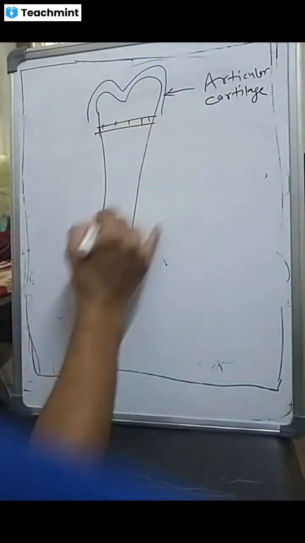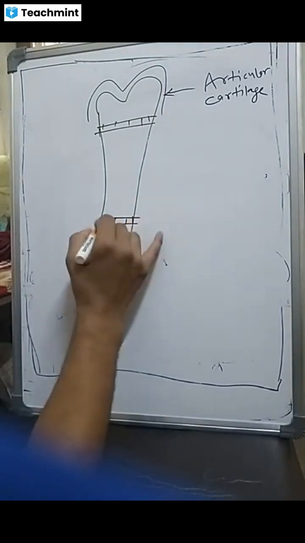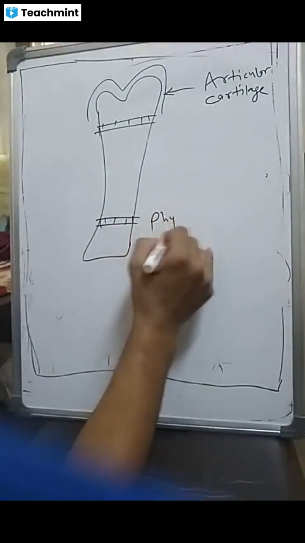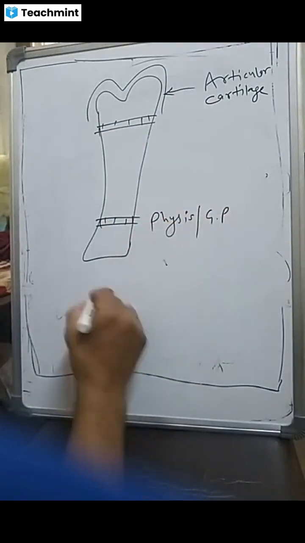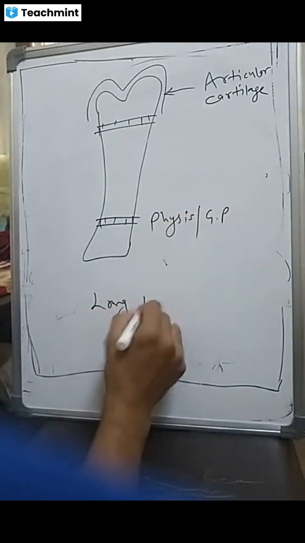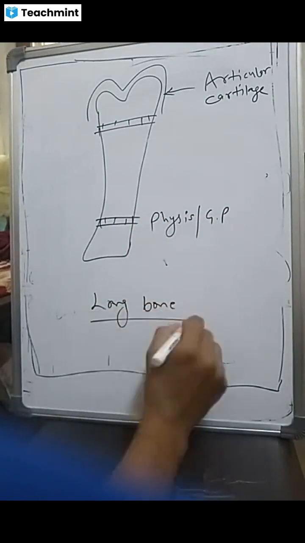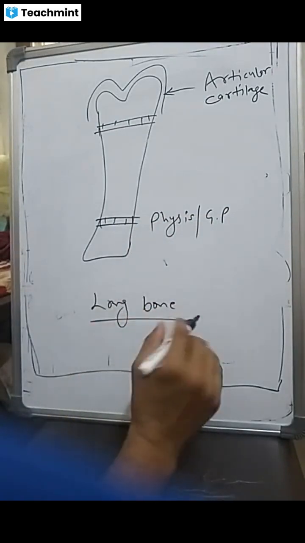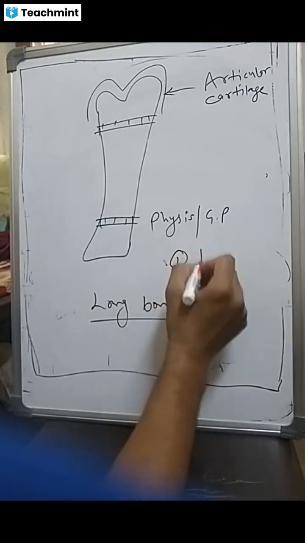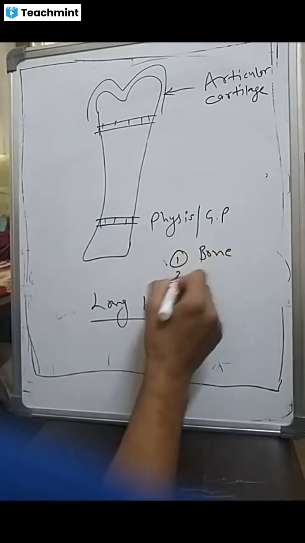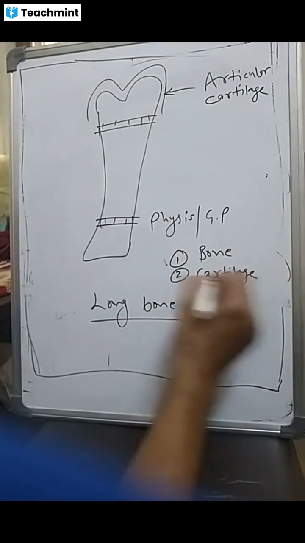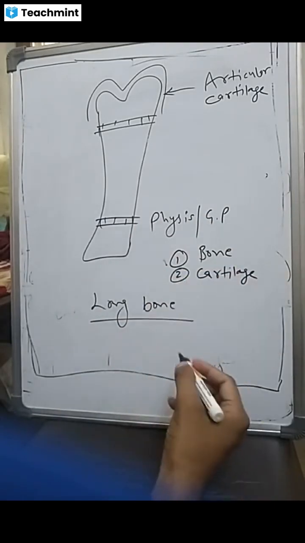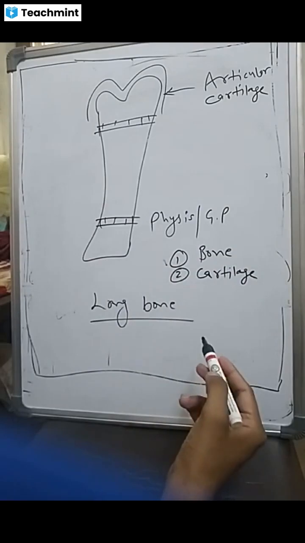And these two lines are your physis, the growth plate. So in the case of a long bone, we have two parts. One part is true bone and one part is cartilage.